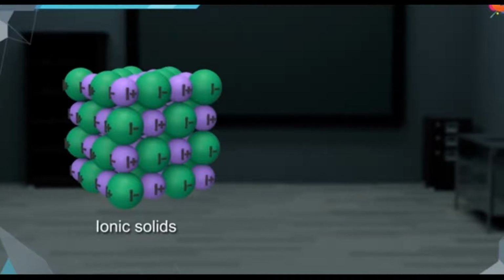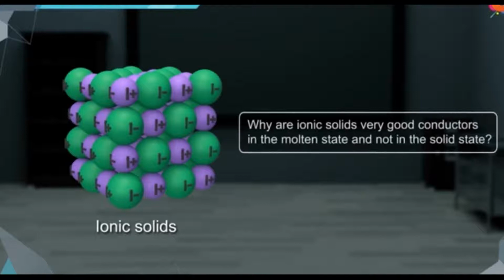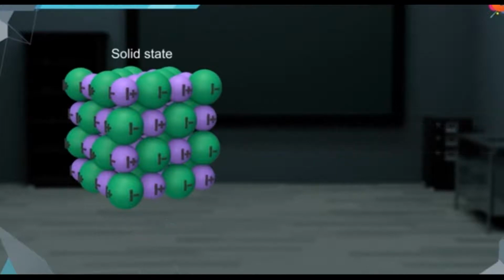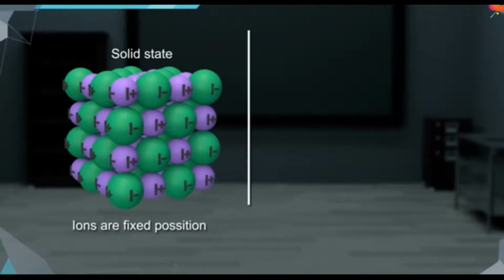Here, the question is, why are ionic solids very good conductors in molten state, not in the solid state? In ionic solids, the electrical conductivity is due to the movement of ions. However, in the solid state, the ions are at fixed positions and they are not free to move.